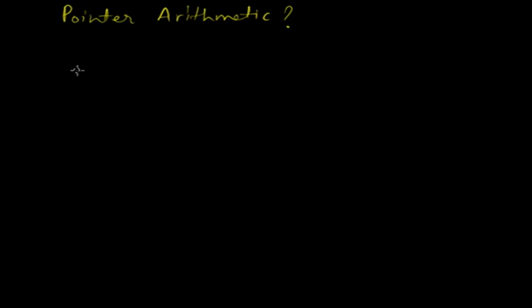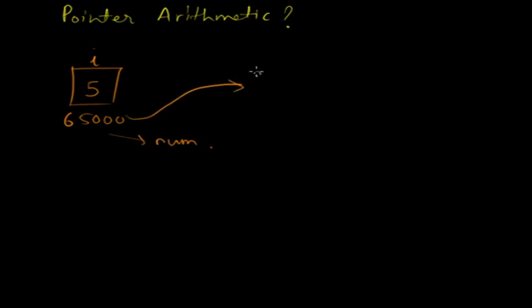To summarize it, let me draw some memory space. Let us name this memory space I, and it contains the value 5, and we assume that its address is 65,000. Now this is a number, right? And this 65,000 is stored into another variable, that is the pointer p.